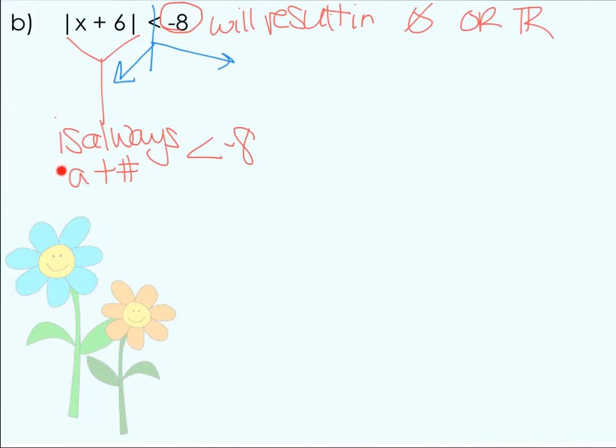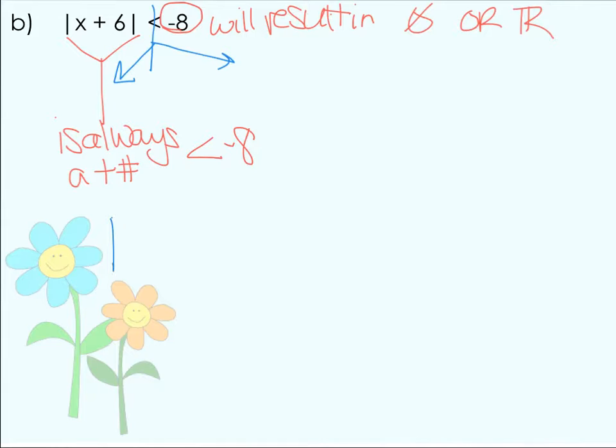This side is always going to result in some positive number every single time because absolute value makes a number positive. Can this ever be smaller than negative 8? My hope is you're saying no, because you have to be bigger than negative 8 to be positive, I should say.